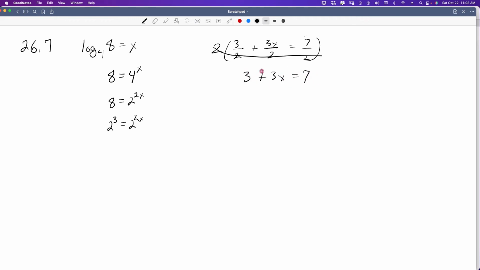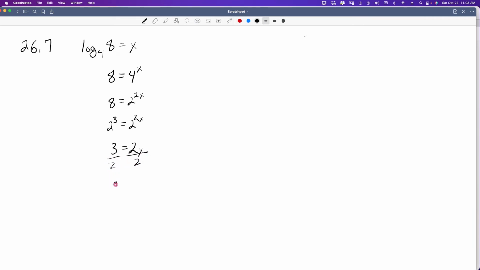Remember when we used to do that? That's exactly what we're going to do here. We're going to eliminate the base. So what we have is 3 is equal to 2x. So we're going to divide both sides by 2, and 3 over 2 is the value of x. That is our exponent. So the log of 4 that gives us 8 is equal to 3 over 2.